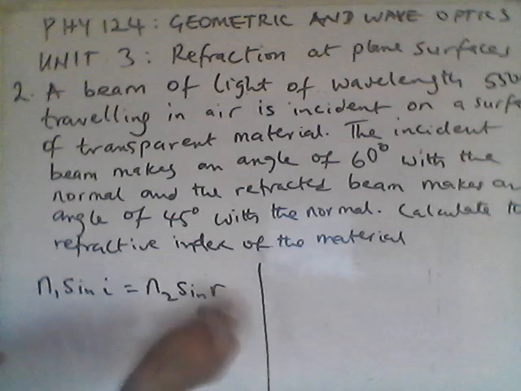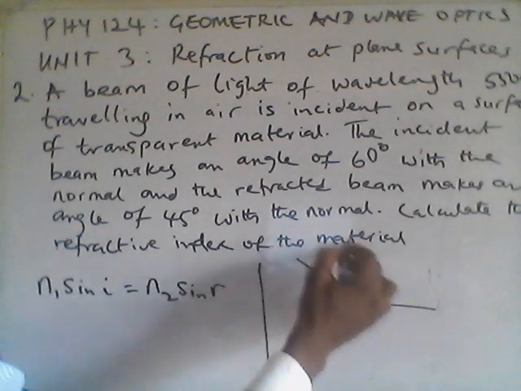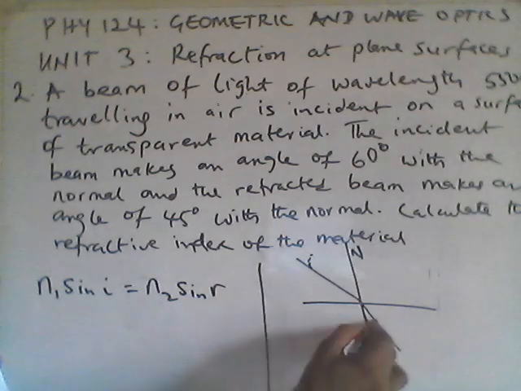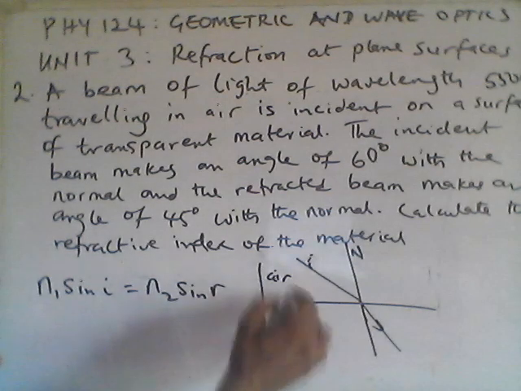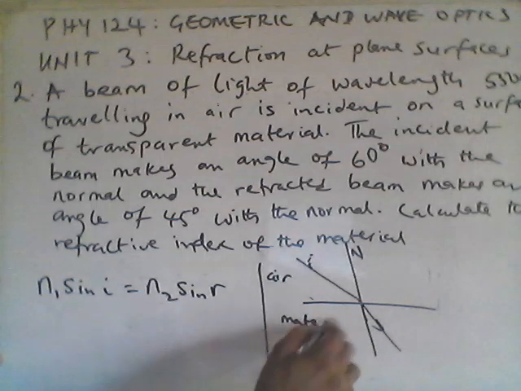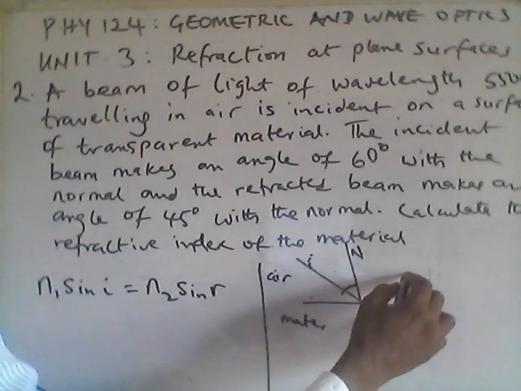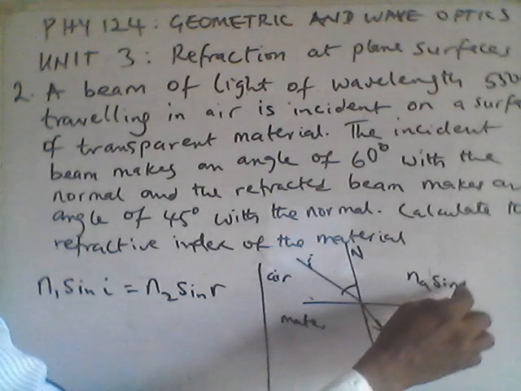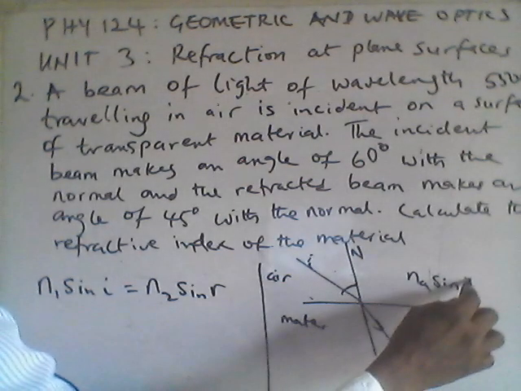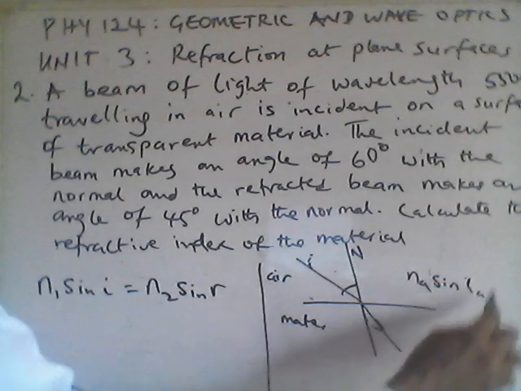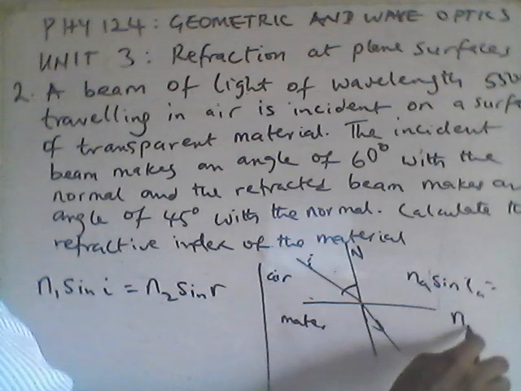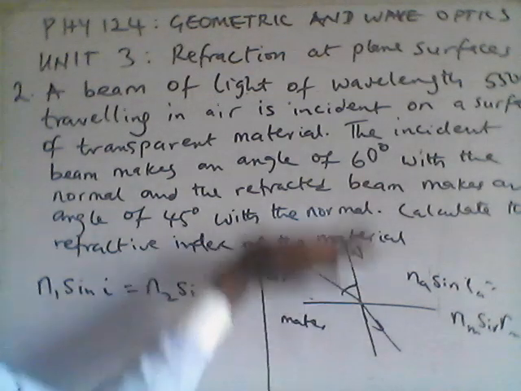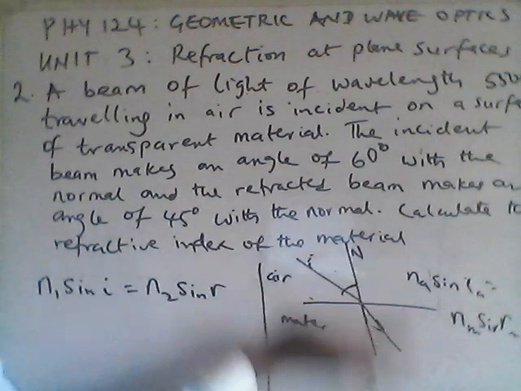If you have this diagram again, this is the normal, this is I, and this is the refracted angle. This is the air, and this is the material. So you are comparing the refractive index N of air to the sine of incidence in air, to the refractive index in the material over the sine of refraction in the material. The two parameters are on the same side and the other side as well.